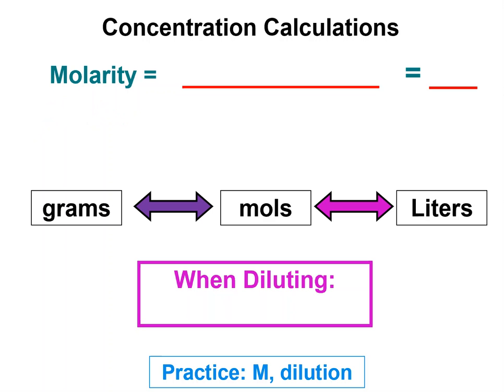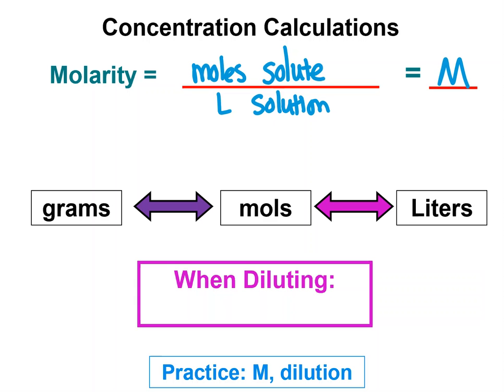Molarity is a measure of concentration, and of course if something's concentrated it means it has more solute dissolved, and so molarity is defined as moles of solute per liters of solution, the total. And we use a capital M. It needs to be a capital M for that.